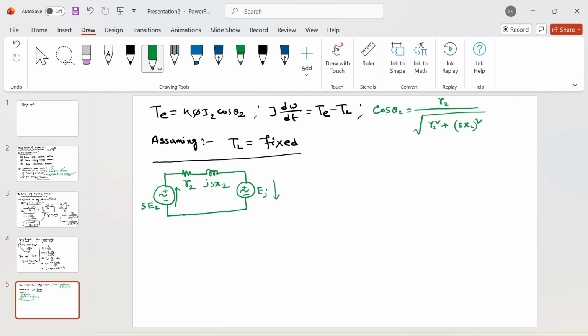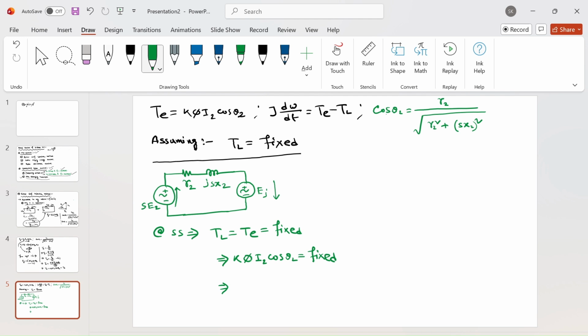Okay, now we have to do one more thing. As I assumed my load torque is constant, at steady state TL is nothing but TE, and this is basically constant, fixed at steady state. I can write K phi I2 cos theta 2 is basically fixed, and K is constant, and let's say my phi is also constant.